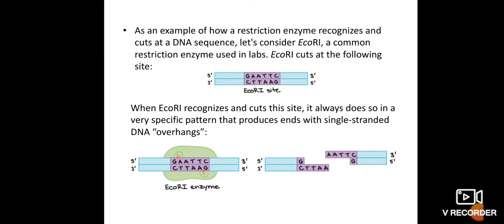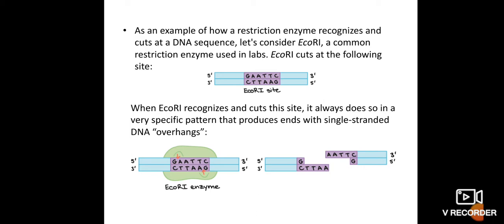Now, as an example of how a restriction enzyme recognizes and cuts a DNA sequence, let us consider EcoRI from E. coli. EcoRI is a common restriction enzyme used in labs, from E. coli bacteria. EcoRI cuts at the following site.